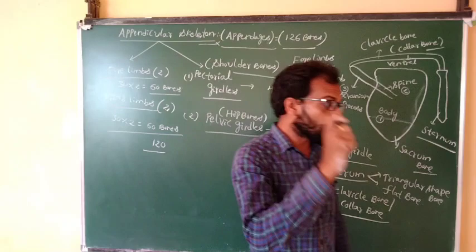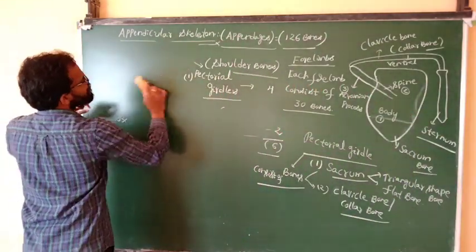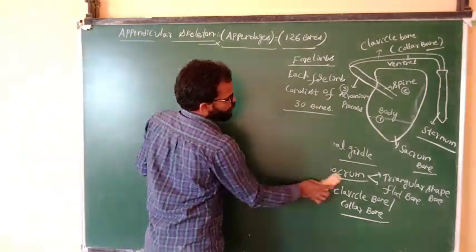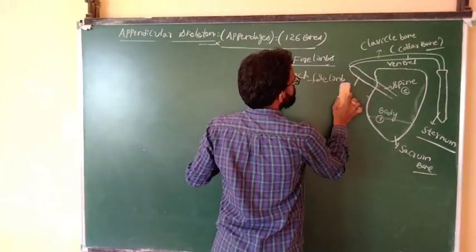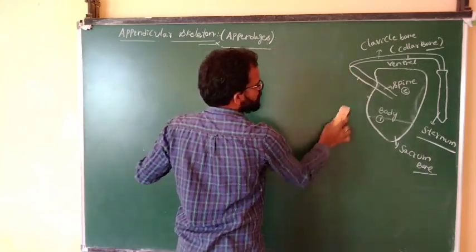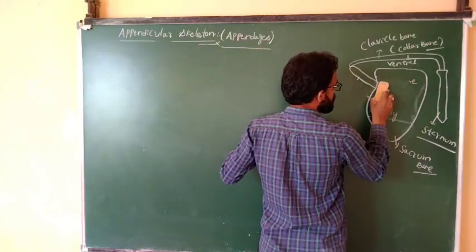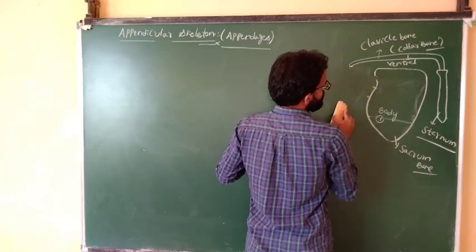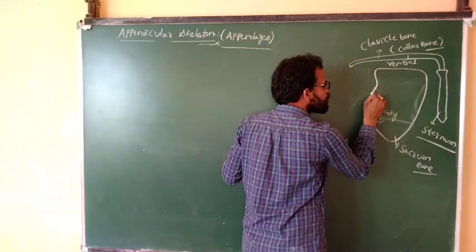If you observe the forelimb, the pectoral girdle creates a small cavity.